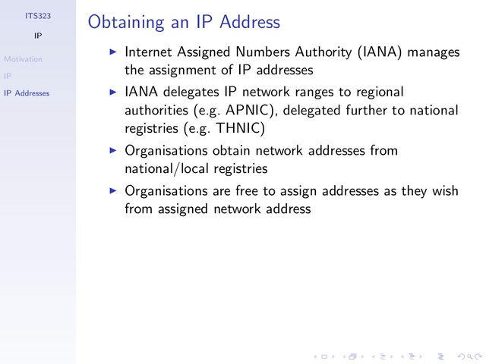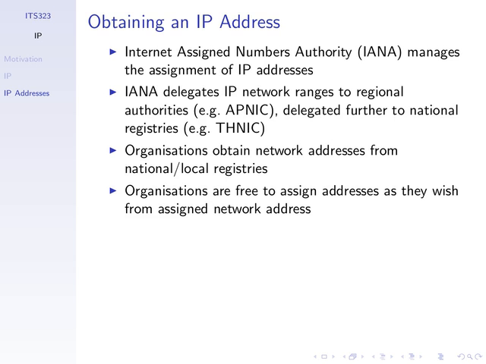In the Asia-Pacific region, there's APNIC. This centre manages the assignment of IP addresses in Asia-Pacific, and that delegates to individual countries. So in Thailand, THNIC. And this is the organisation in Thailand that allocates IP addresses to organisations within the country.